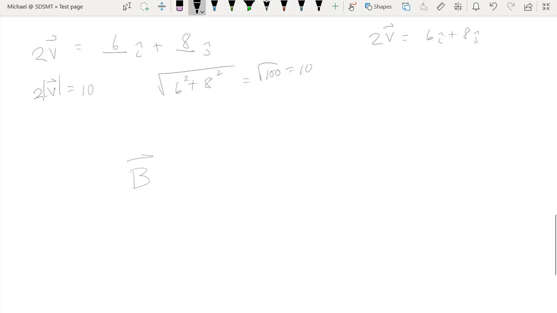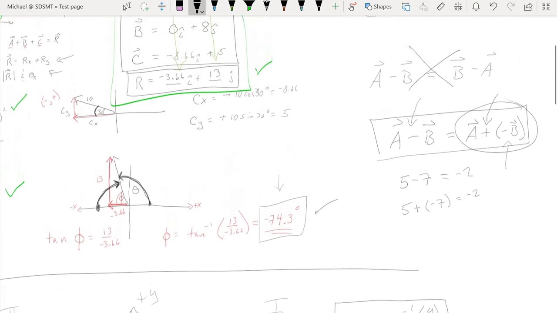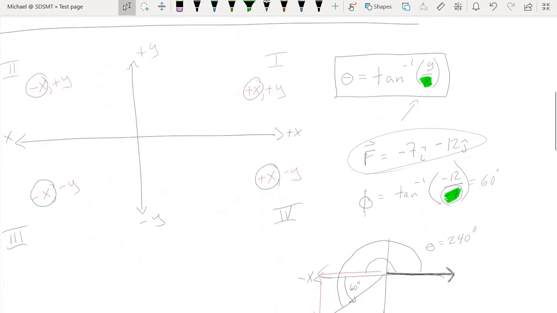If I have vector b and vector a and vector c, so these were 5, 0, 0, 8, and then, let's see, I've forgotten what my values for vector c were, negative 8.66 and 5.